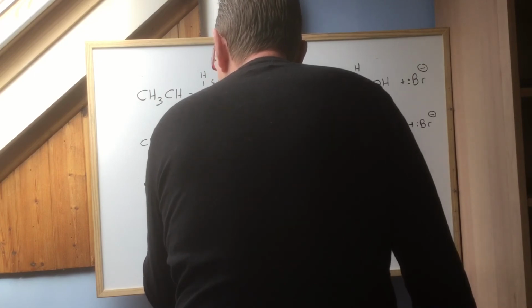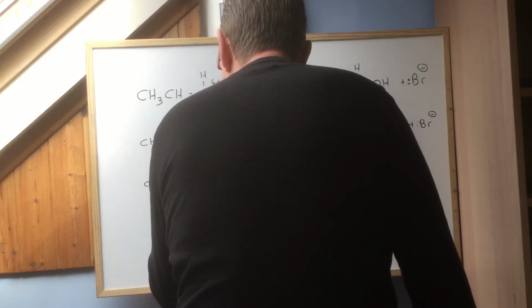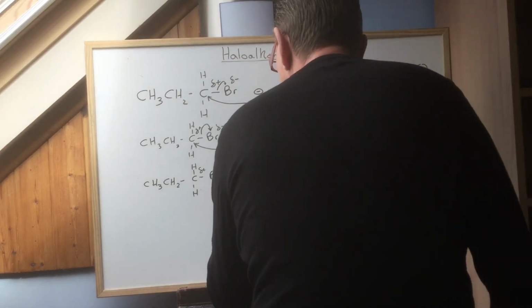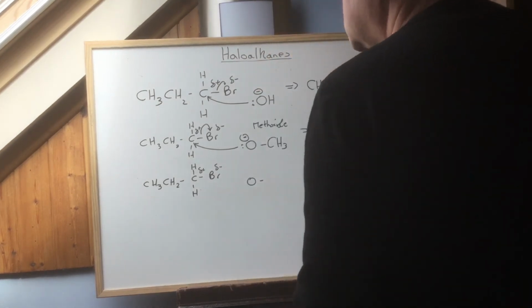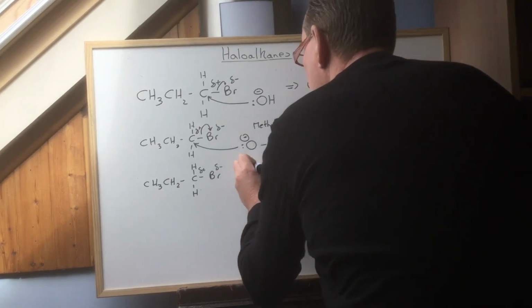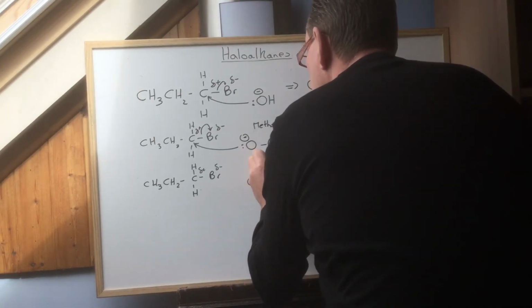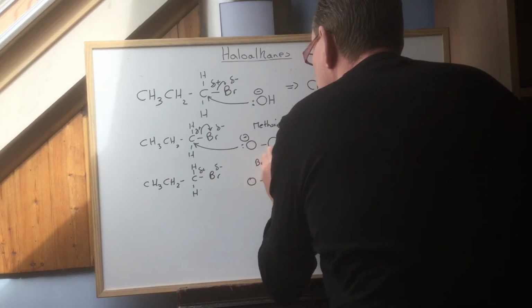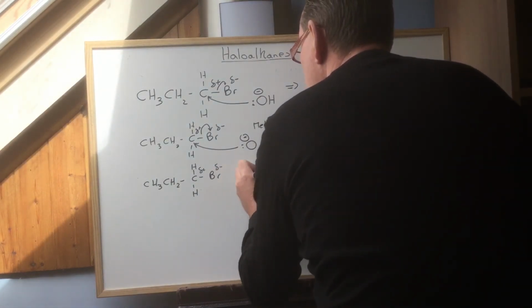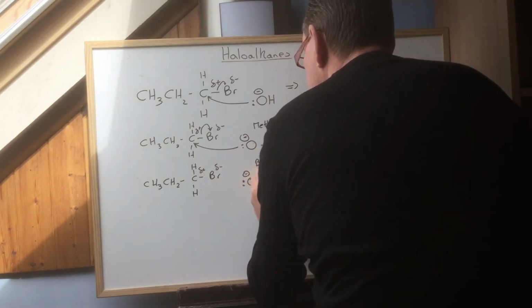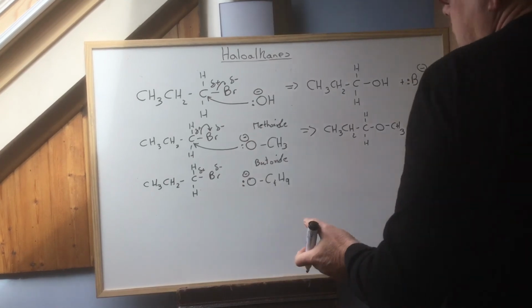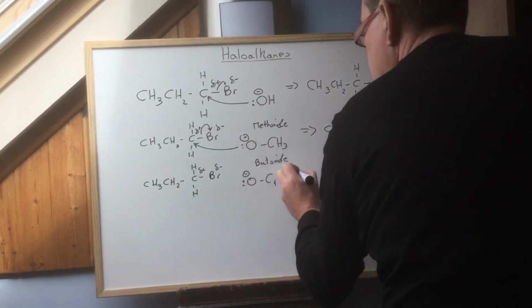So this one, you can get all sorts of weird ones. Well, let's have a butoxide nucleophile. O, lone pair, minus there, C4H9. Methoxide, butoxide.